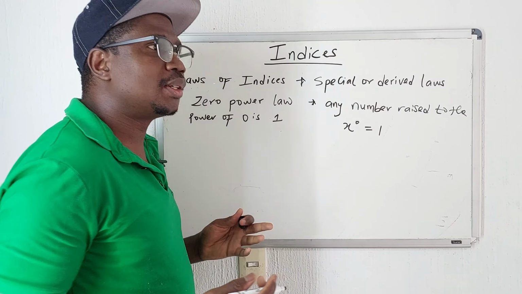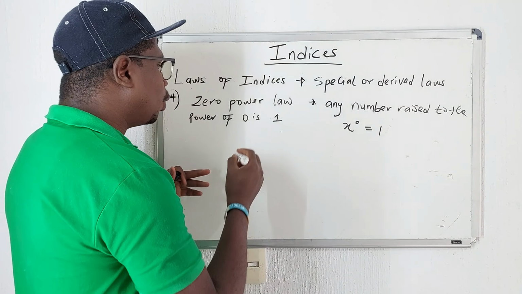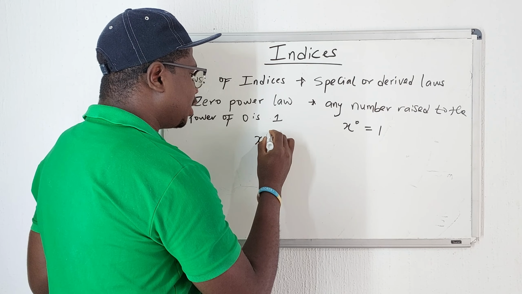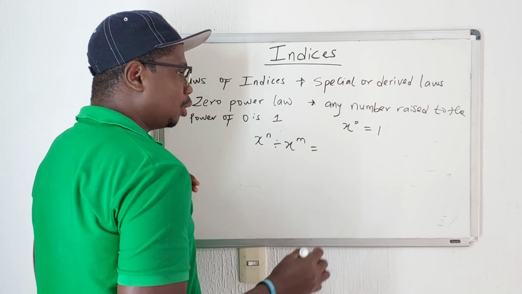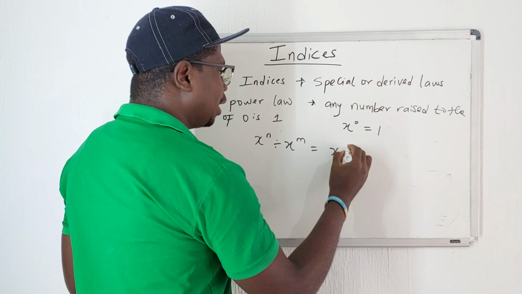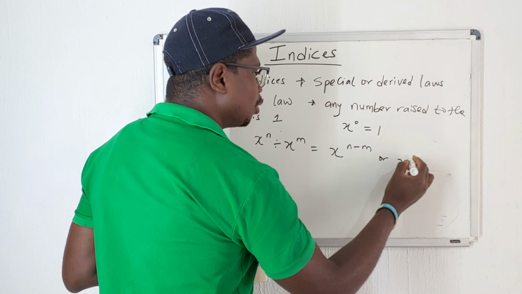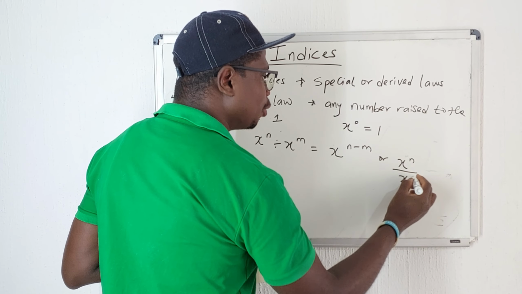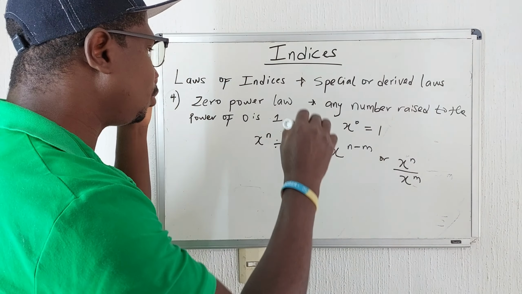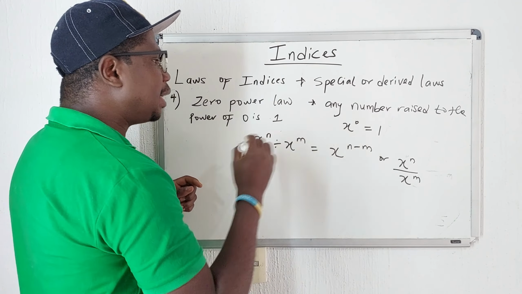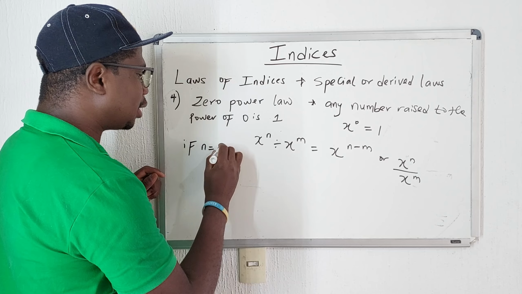How do we get that? We actually got this from law 2, the division or quotient law. We remember that x raised to the power n divided by x raised to the power m is x raised to the power n minus m. Now, let's say n equals m.